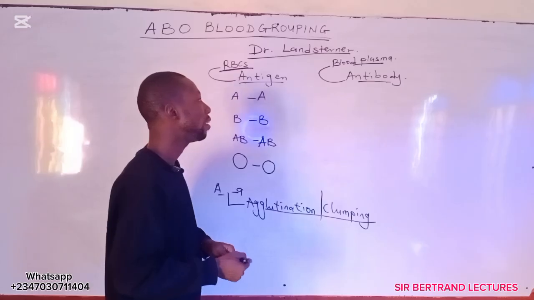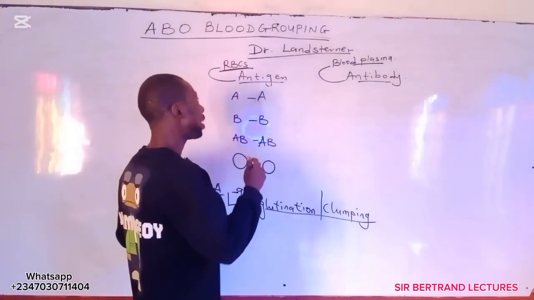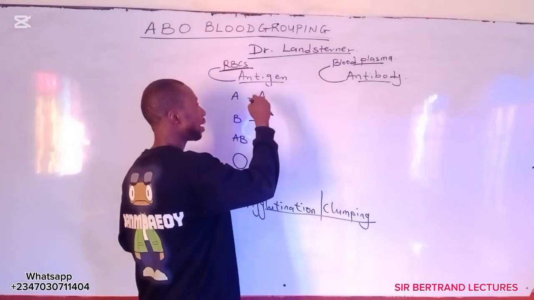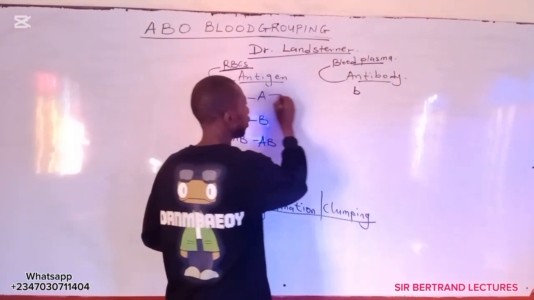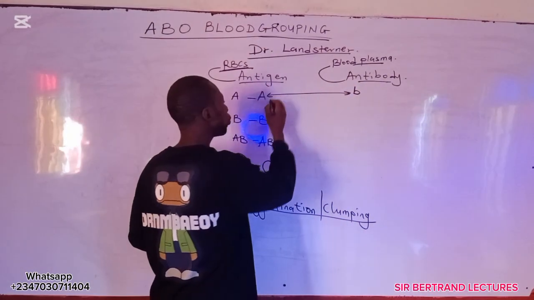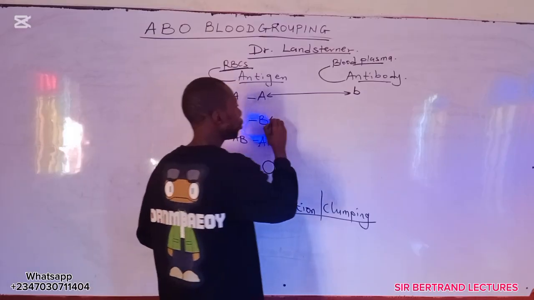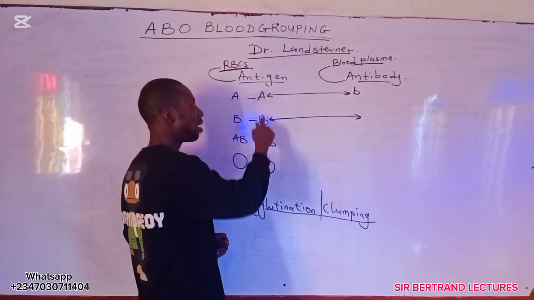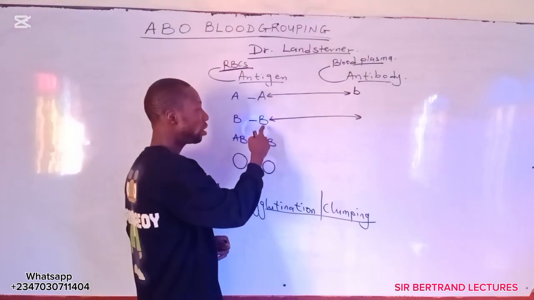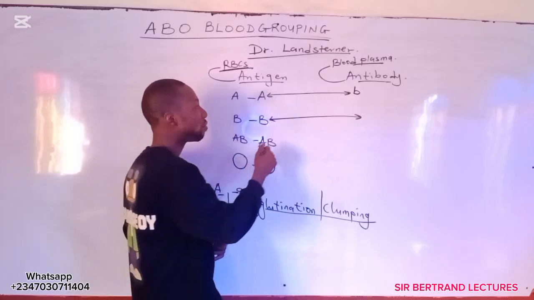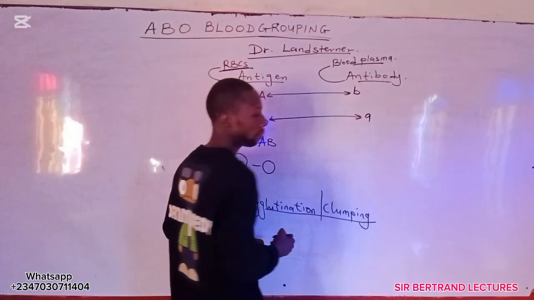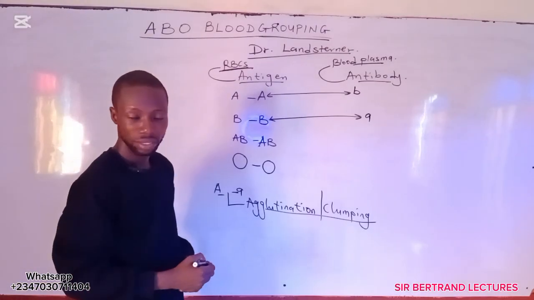They cannot stay together. That is why any blood sample with antigen A has antibody B. Any blood sample with antigen B has antibody A. Are you following?